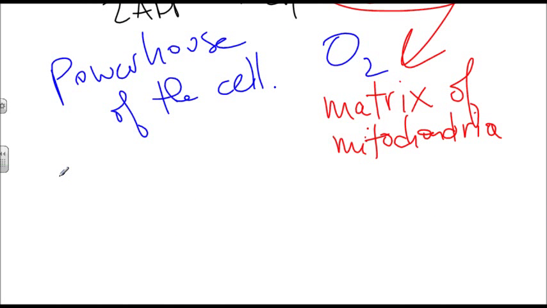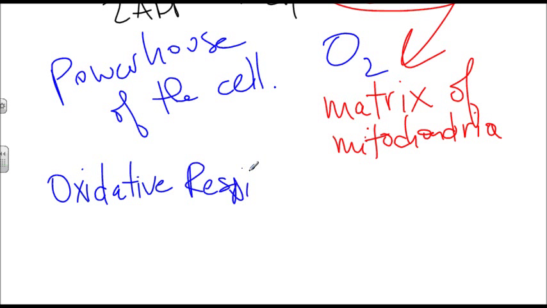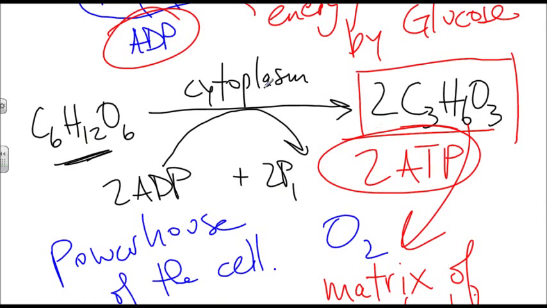We are going to look at the second stage of aerobic cellular respiration, and that being oxidative respiration. As we said earlier, in glycolysis, glucose will break down into 2 molecules of pyruvate, creating 2 molecules of ATP.